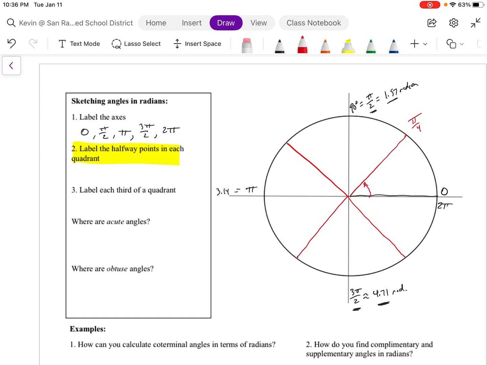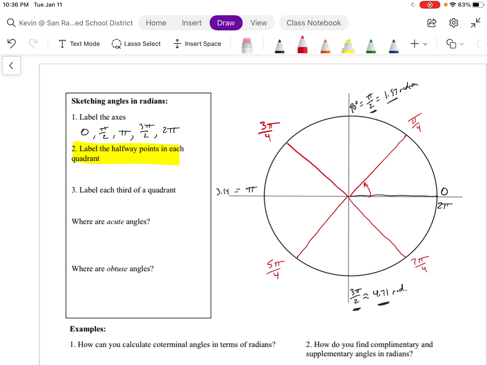We come over here, this is halfway between 1/2 pi and pi, so that would be 3/4 pi, or 3 pi over 4. Come down here, we have pi, then this would be 5/4 pi, or 5 pi over 4. And the last quarter here, this 3 pi over 2 is the same as 6 pi over 4. So the last one here is 7 pi over 4.